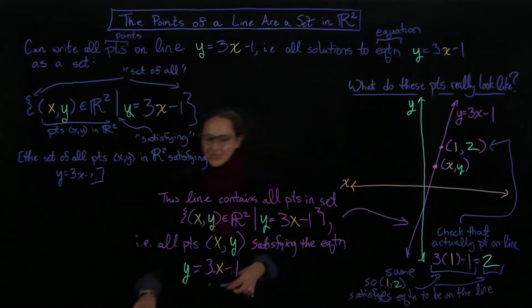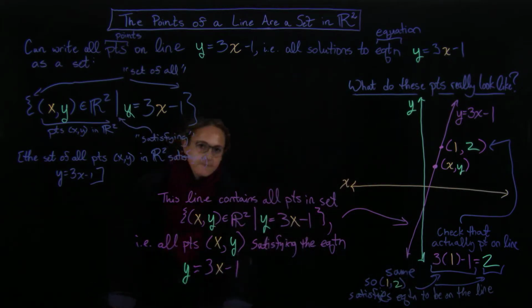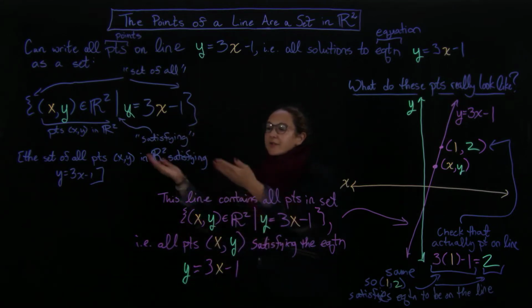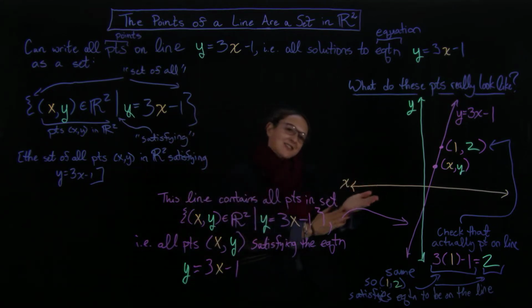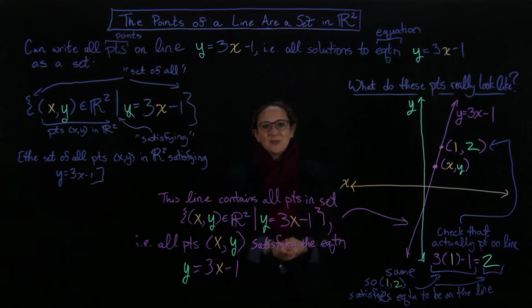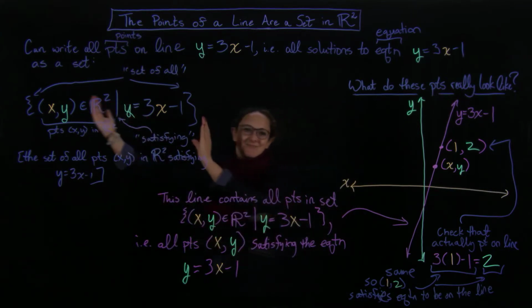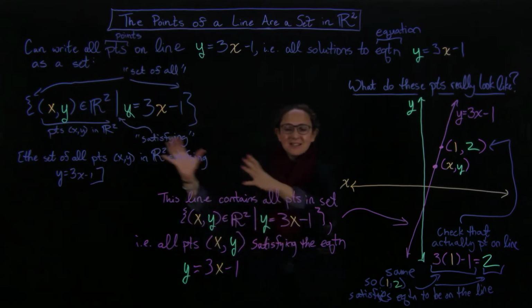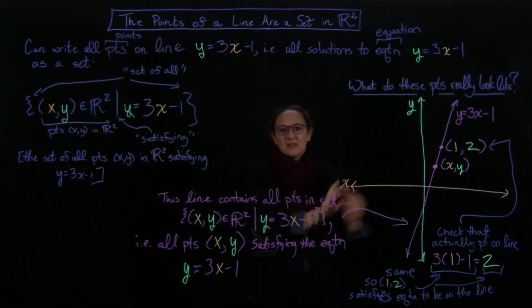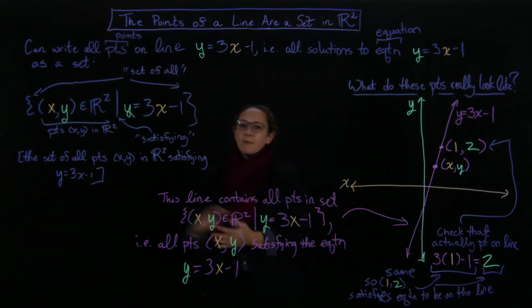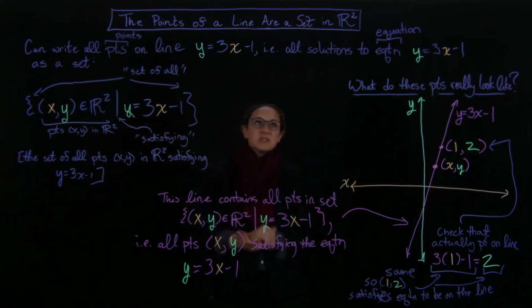Let's recap what we went over. The line we always think of as y equals 3x minus 1 is precisely the elements of this set, because these are points in R2, so they live in this picture, but they're the ones that satisfy this equation.